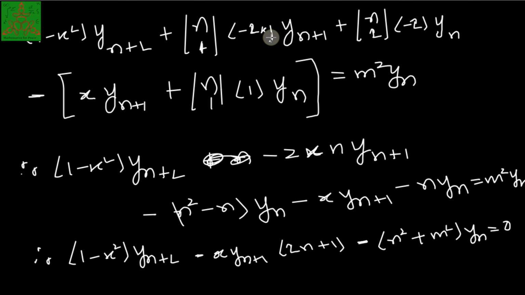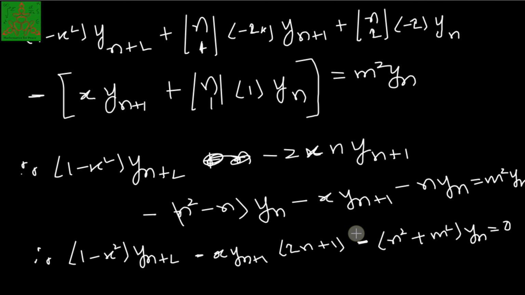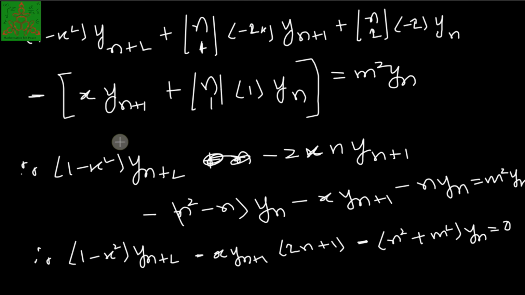Now the question is to calculate the value of this function and the derivative of this function at the point x is equal to 0. And we have this expression. So if I substitute x is equal to 0 here, it will give me a very nice equation, that is a recurrence relation I can say.